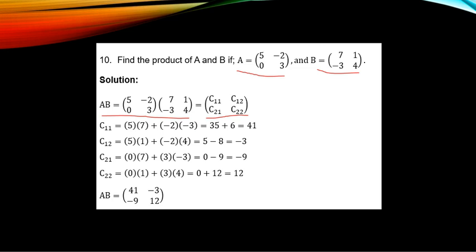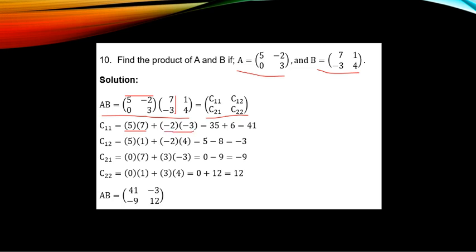So for you to get C11, like we said, you take the first row to multiply the first column. See my arrow now? First row times first column, corresponding entry to entry. That is 5 times 7 plus minus 2 times minus 3.